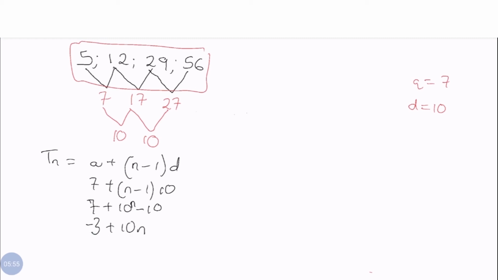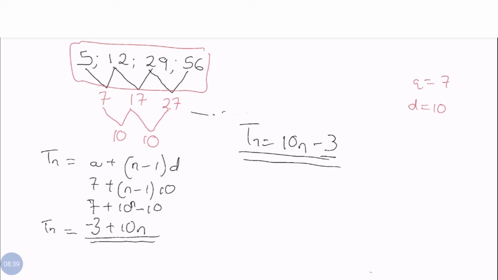So this is the equation of our sequence. This is the equation of our pattern, which is the equation of the first differences. Let me just rearrange it. Tn equals 10n minus 3. So it is still the same thing.